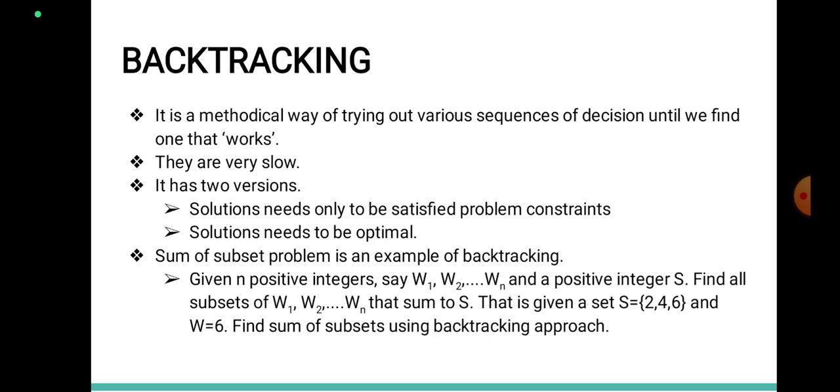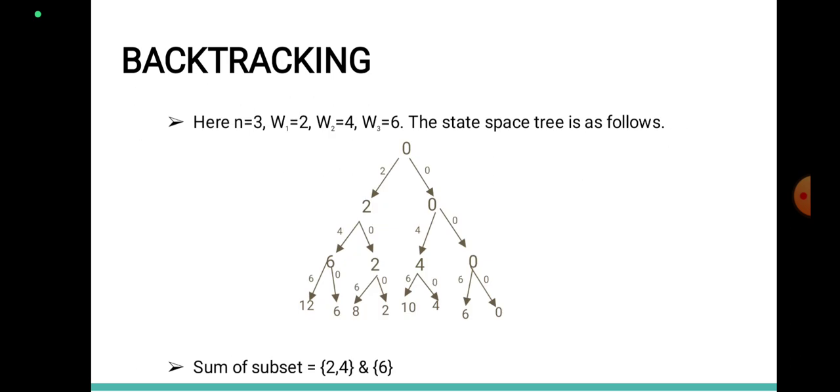There is a given set w equal to 2, 4, 6, and s, the sum, is 6. Then find the subsets using the backtracking approach. It is a simple method. Here n equal to 3: w1 equal to 2, w2 equal to 4, w3 equal to 6.